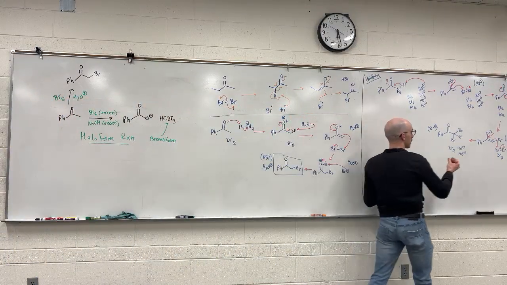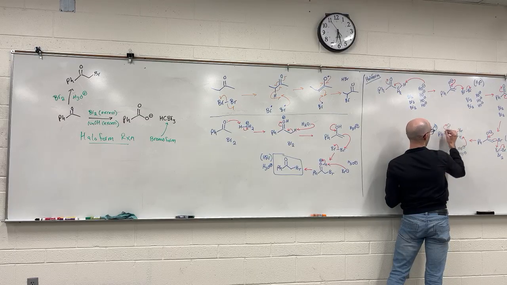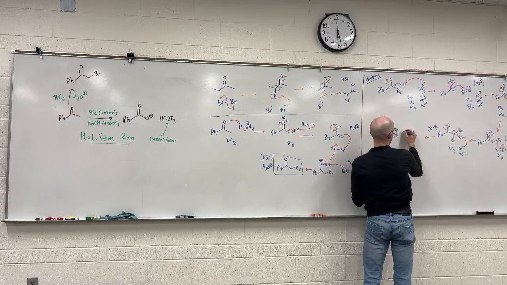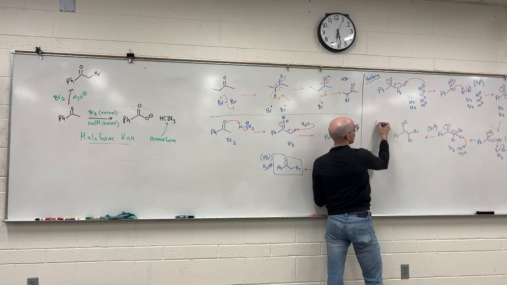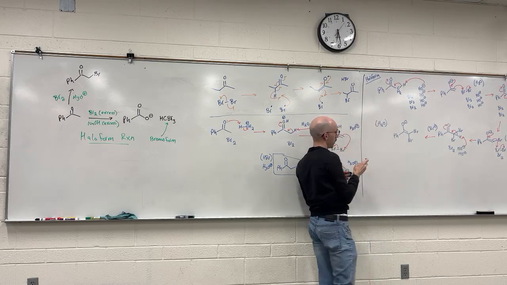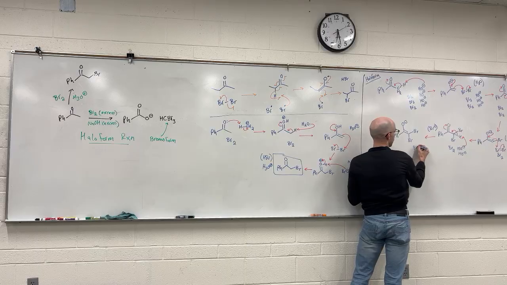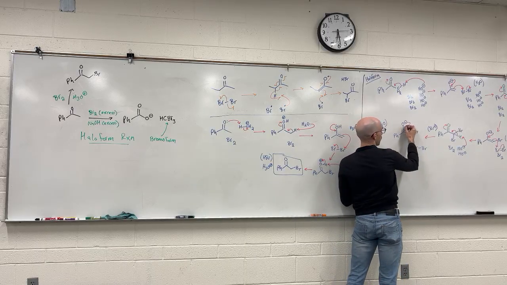So hydroxide comes in for the 3rd time, deprotonates the final alpha hydrogen. Produces a 3rd byproduct of water and sets up for the 3rd nucleophilic attack on bromine.